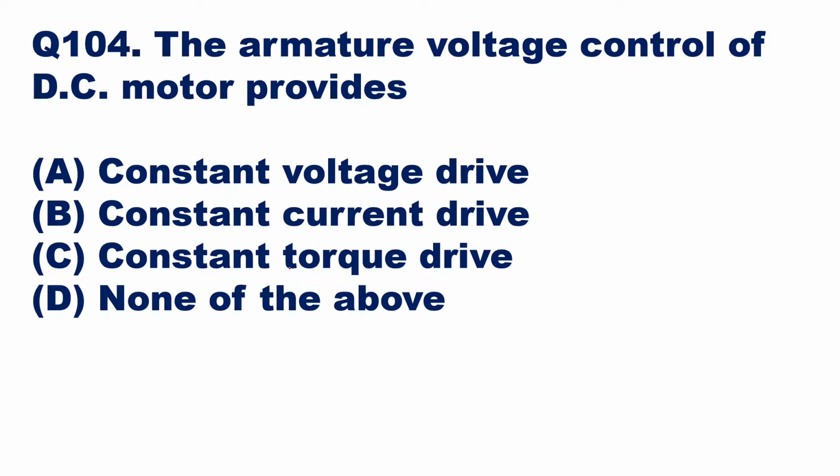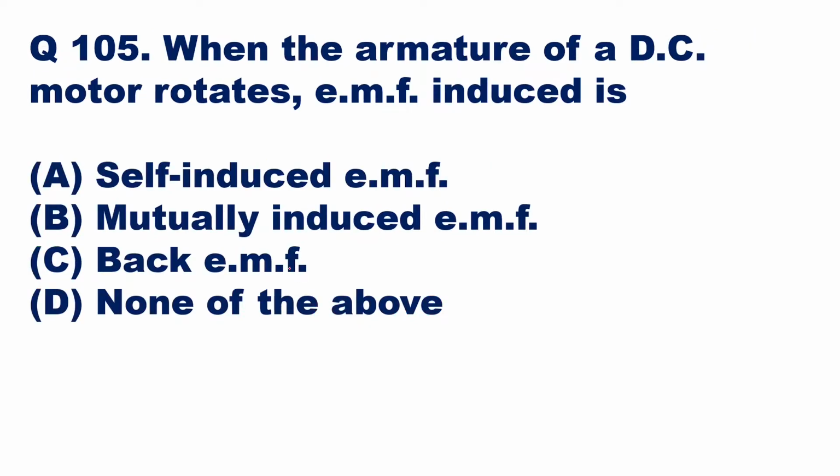So option C will be the right answer here. The armature voltage control of DC motor provides a constant torque drive.